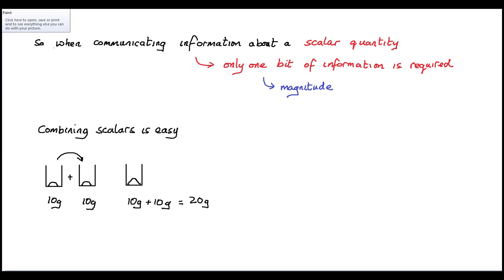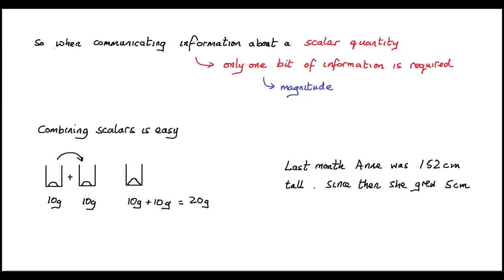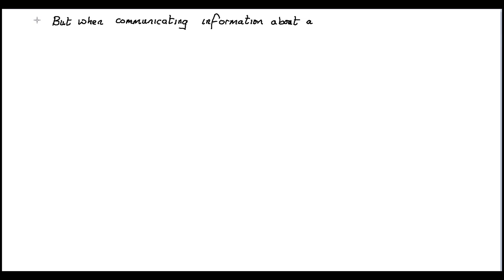Likewise, you might say last month Anne was 152 centimeters tall, and since then she grew 5 centimeters, so her height now is 152 plus 5, which is 157 centimeters. It's just a question of adding the magnitudes. I'm not wanting to insult your intelligence, I'm just pointing out that combining scalars is quite an easy thing to do.